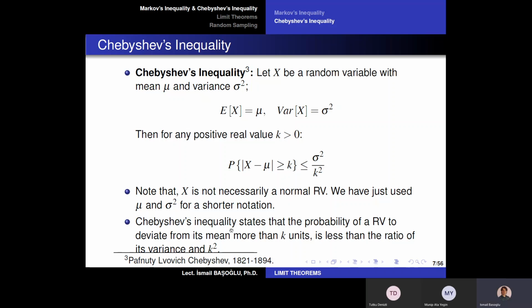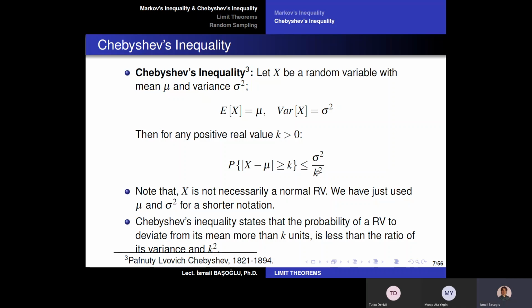So it states that the probability of a random variable deviating from its mean by more than k units is at most the ratio of the variance and k square.